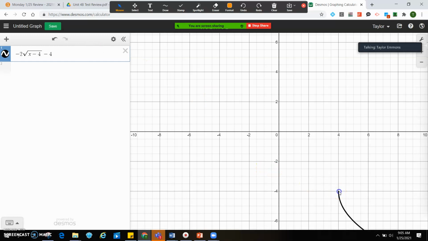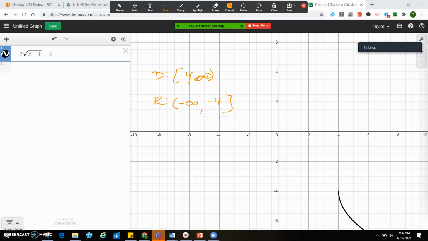For the domain for this one, we've got 4 to positive infinity. And for the range, we have -4, and it's going down to negative infinity. So we're going to have negative infinity to -4.